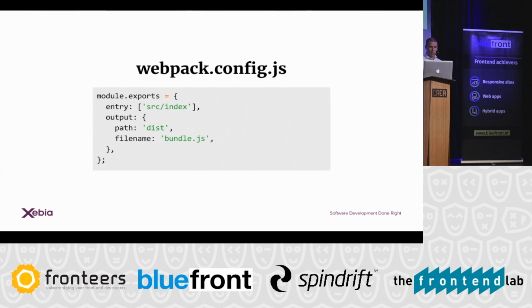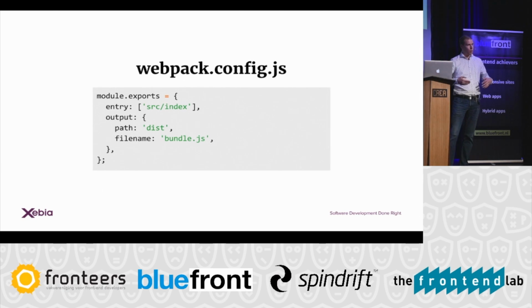So Webpack comes with a file that's usually called the webpack.config.js. A lot of people are hating this file because it can grow very complex. But in its essence, it only needs two things: an entry point, and an output.